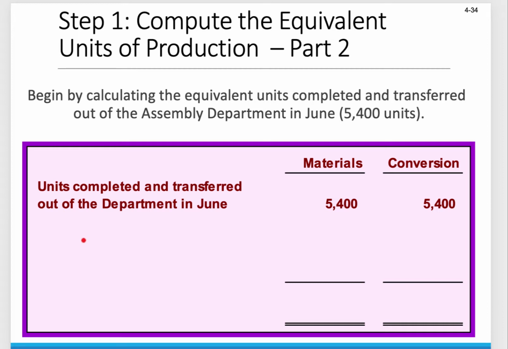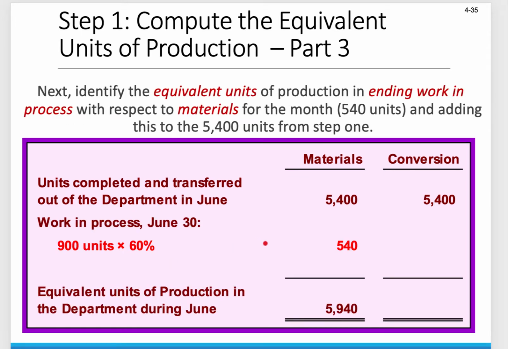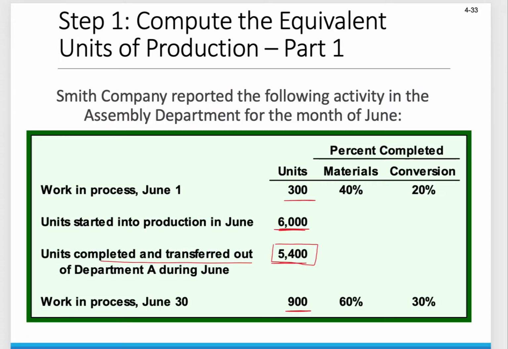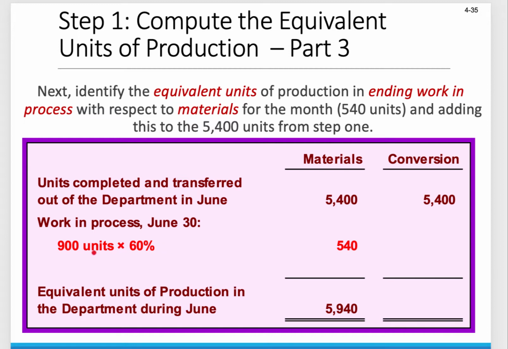So with respect to material, we have 540 units. How'd you get that? Well, again, we know that we have 900 units in our ending inventory. With respect to material, they are 60% complete. So that's how we get the 540.